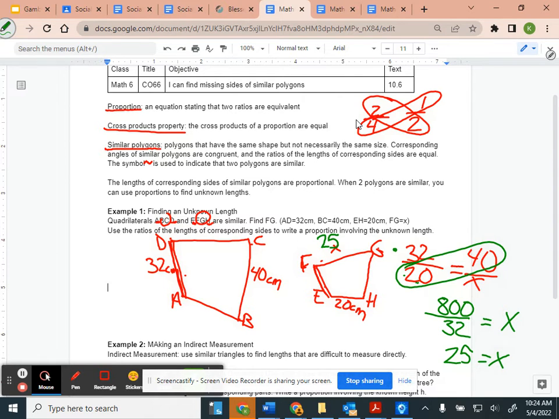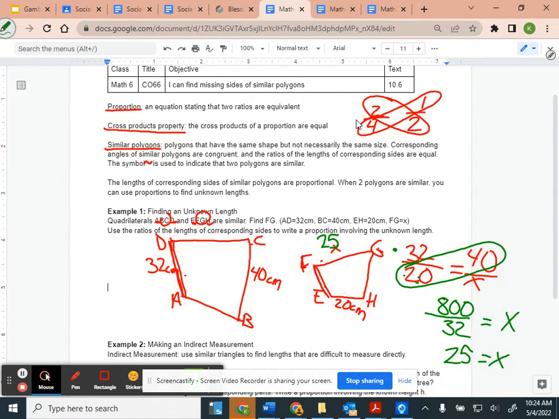So the first thing you have to do is figure out which sides match up with which side, so you can make your ratio. Looking at the names, we can see matching up our letters with where those letters fall. So make your ratio.